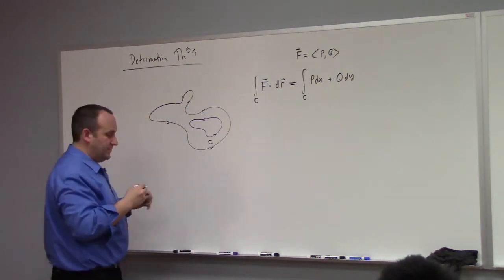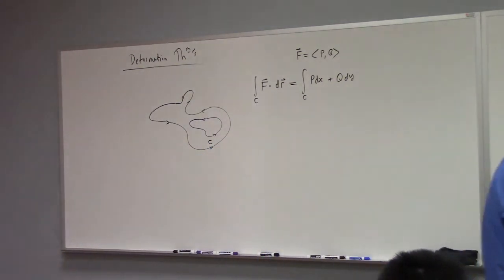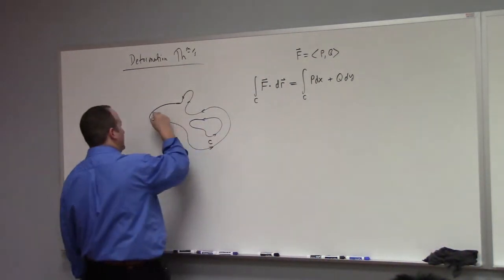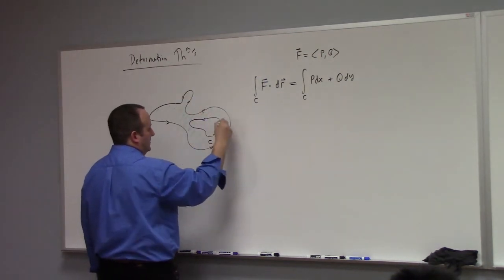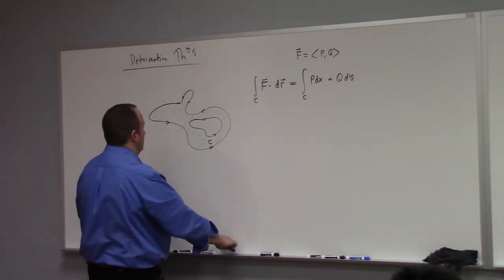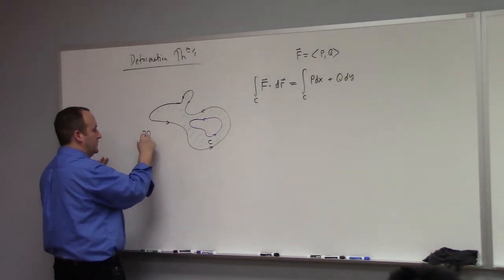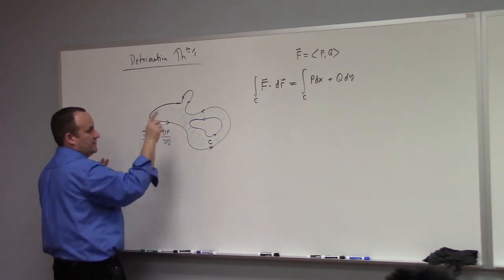And then suppose, in addition, that between those two curves, like in this region up in here, you had the vector field satisfy the closed condition. So the closed condition, I mean by that, is partial Q, partial x, equals partial P, partial y in the green area.